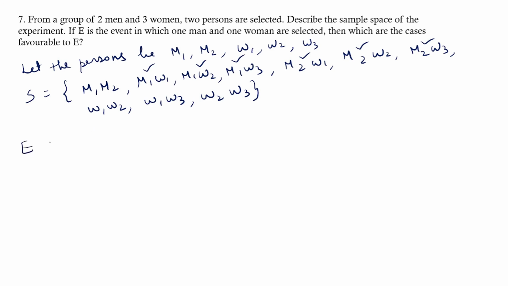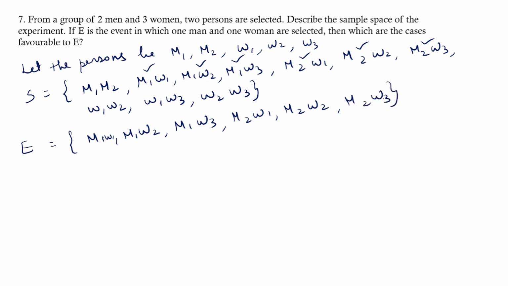So these are the outcomes favorable to event E.